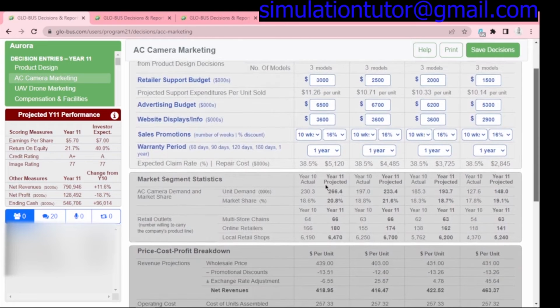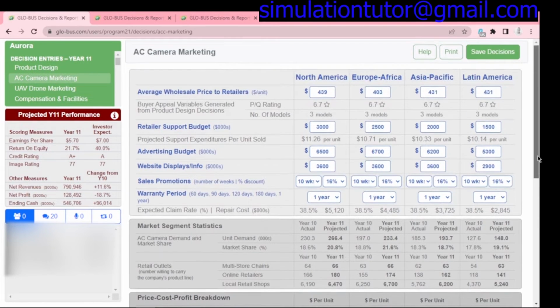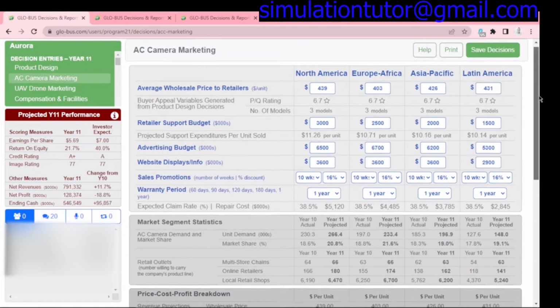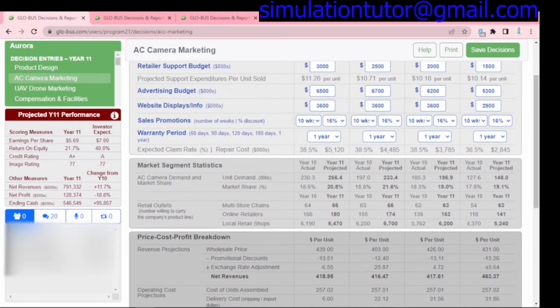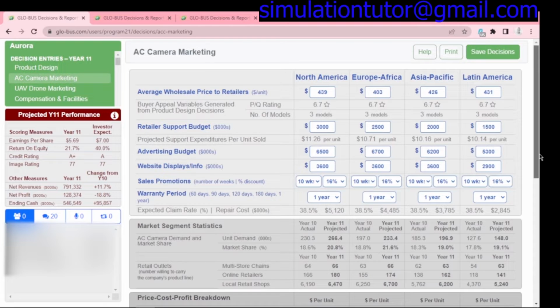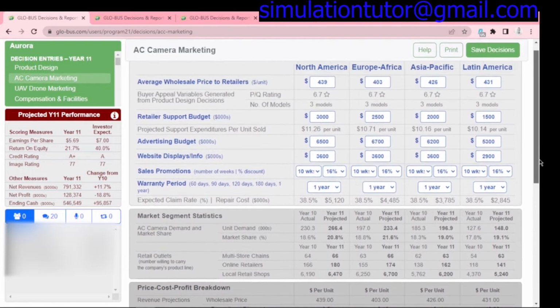So in Asia Pacific, as you can see, we are gaining about $4, a positive of about 5. So we can lessen the price by about 5. So instead of 431, less than 5, maybe we can go with 426. I think that's a fair price, 426. So in Latin America, the exchange rate, we are gaining about $45, so we can lessen the price by about $45.